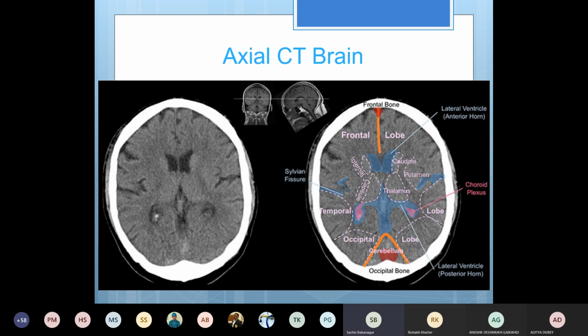As we go further down, you can see the frontal horn of the lateral ventricle here.